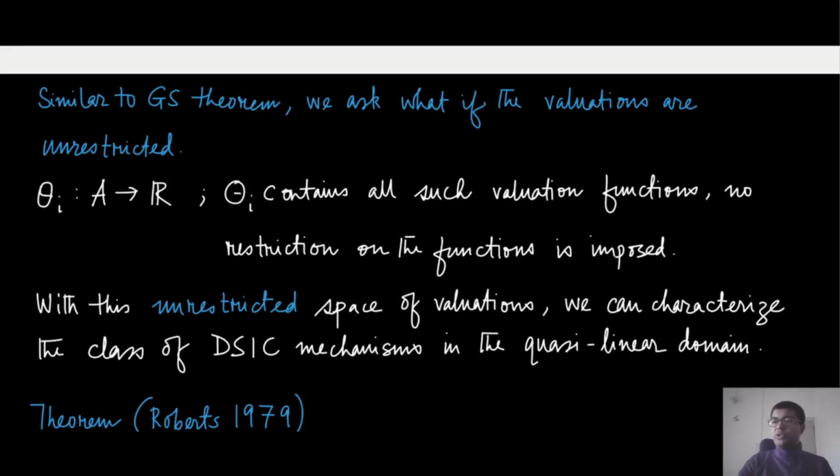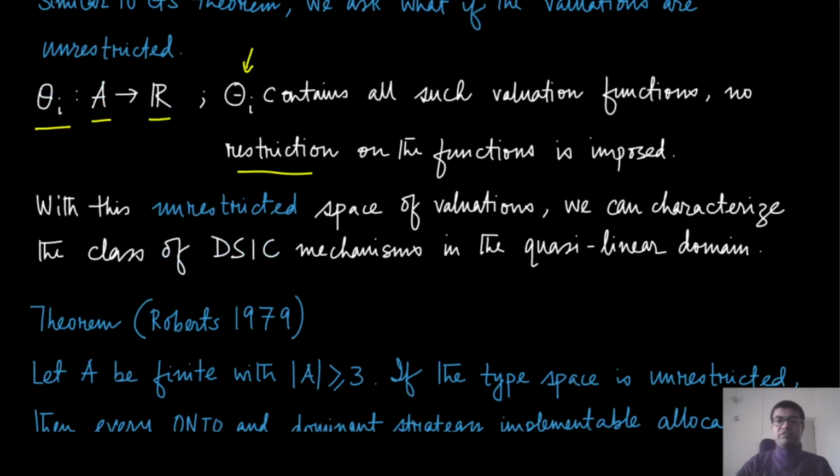So here what we are going to say is that this type function or the valuation function, which maps the allocations into real numbers, the space of all such valuation functions has no restriction on it. So there is no additional restriction. It can be any function, right? And that's the reason why it is called the unrestricted space of valuations.